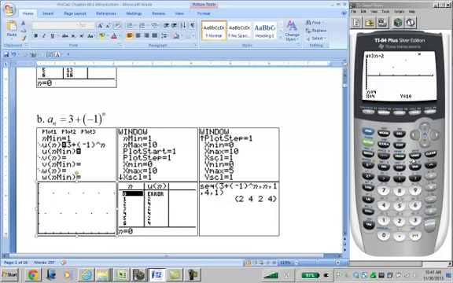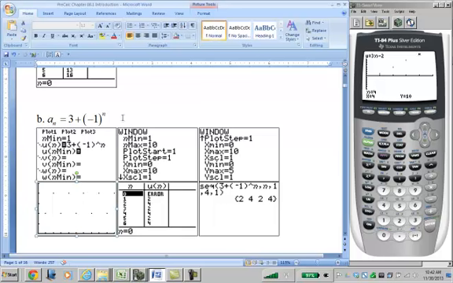Okay, and a sub 2 is 4 when n equals 2, and when n equals 3, a sub 3 is back to 2 again, and so on. Okay, so it's 2, 4, 2, 4, going back and forth, whether we're adding or subtracting 1 to 3.